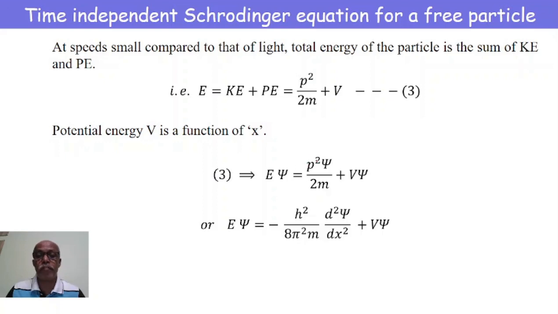We have substituted for p square, into d square psi by dx square, plus V psi.